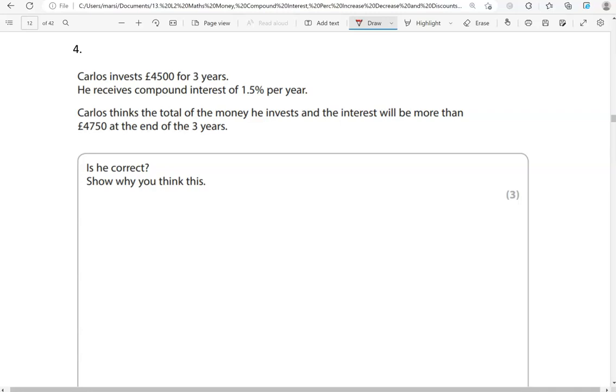So again, we can use the formula, which goes by initial investment, which is 4,500, times the multiplier here. So again, it's like 100%, and you add in 1.5% on top. So that is 101.5% increase each year.